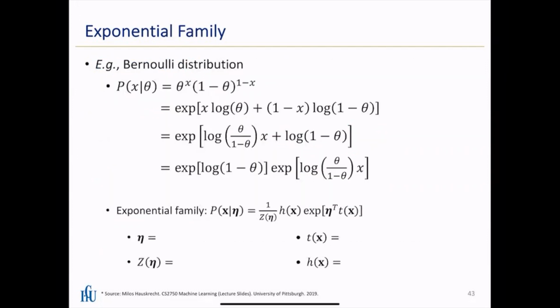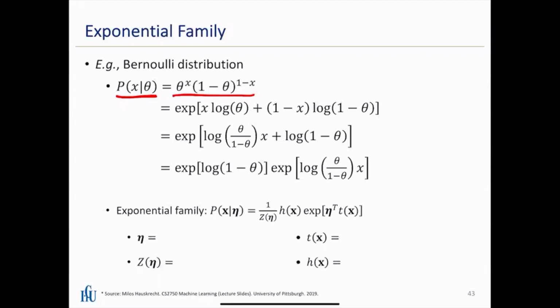here is an example. So we studied Bernoulli distribution. Bernoulli distribution can be notated in terms of zeta to the x, 1 minus zeta to the 1 minus x. You can write this down using exponent and log. So we take the logarithm and take that back using exponent.